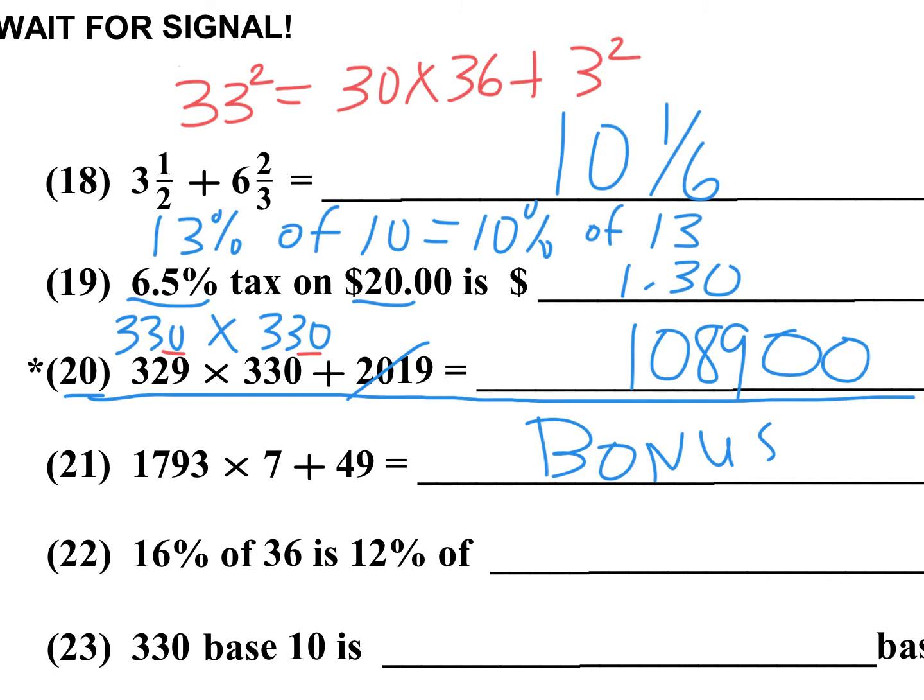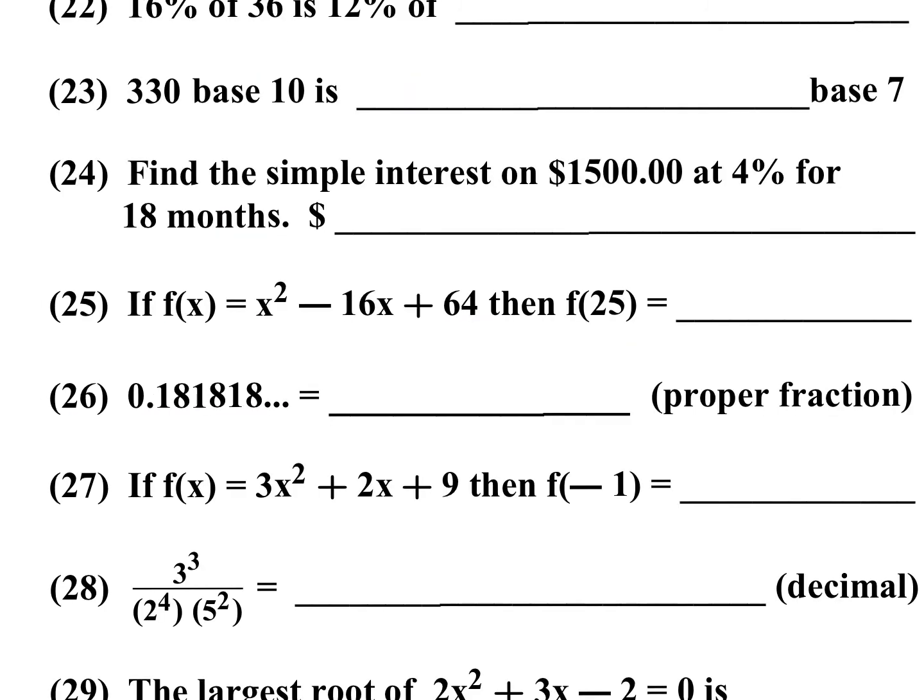Just check that. So let's take a look at some of the bonus questions. Number 24 is an interesting problem. Find the simple interest on $1,500 at 4% for 18 months. Well, the interest formula is PRT, so we have to multiply those out. T is the time in years, so I have to divide by 12 here. 18 over 12 is 3/2, or 1.5.